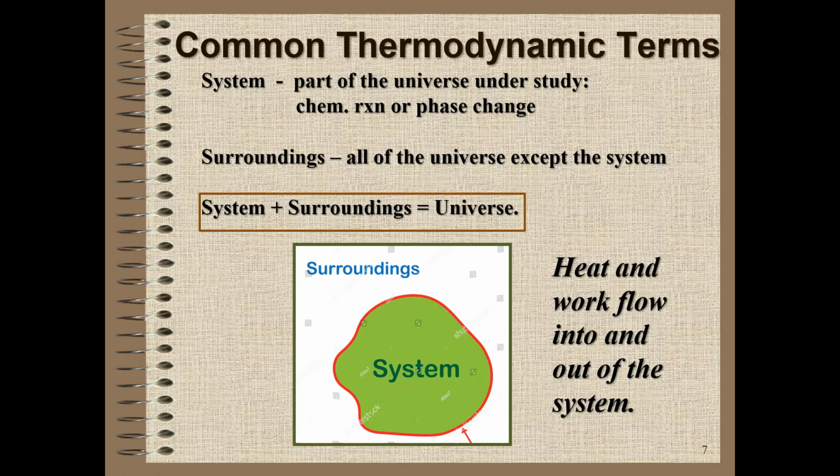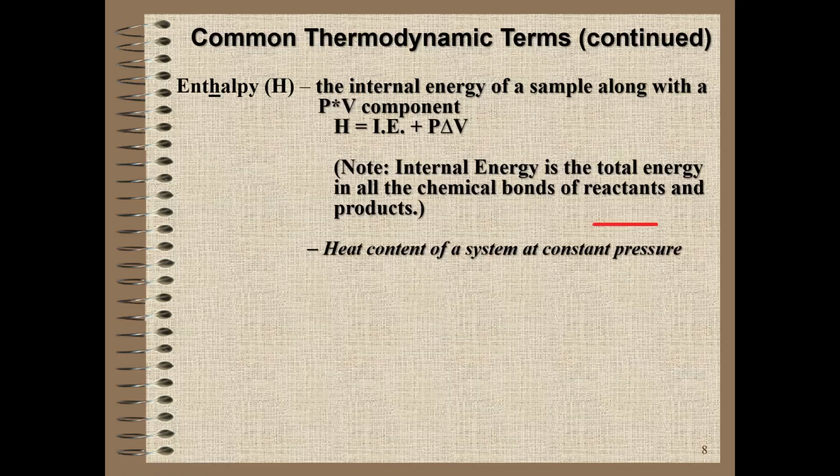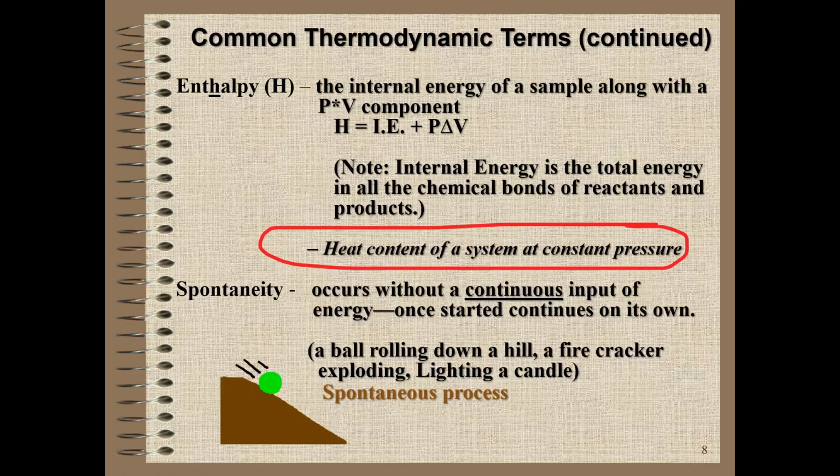Okay, in this one, I only want you to know for enthalpy that it's the heat content of a system. We could think of enthalpy as heat. And spontaneity, remember what that word means. Spontaneous occurs without a continuous input of energy. Once started, it continues on its own, like once you push a ball, it's going to start rolling down the hill.